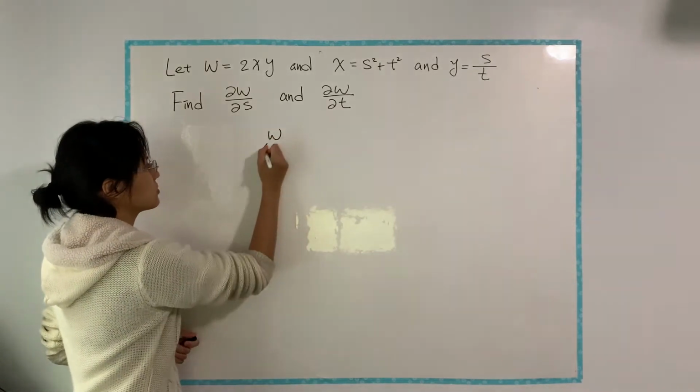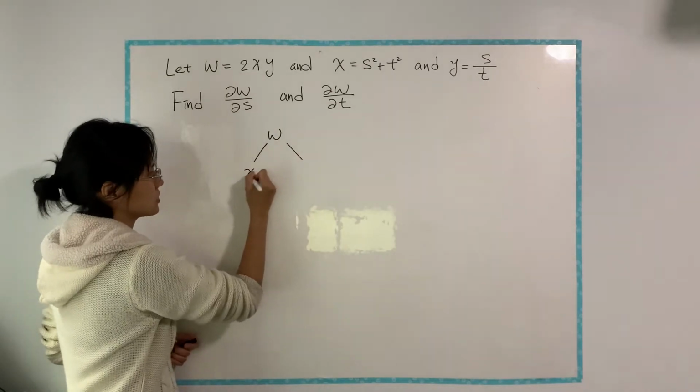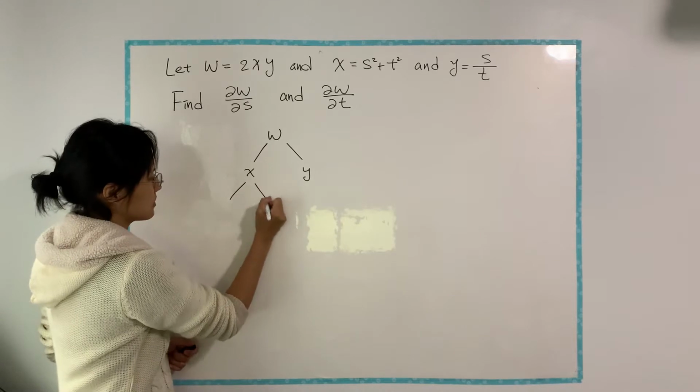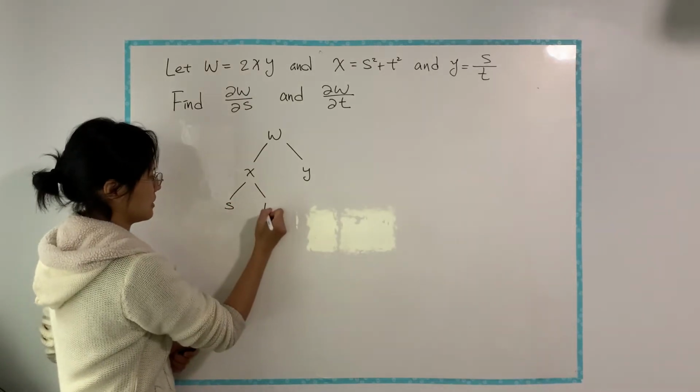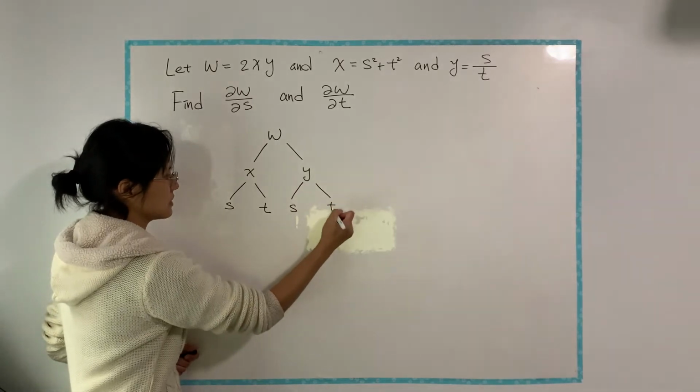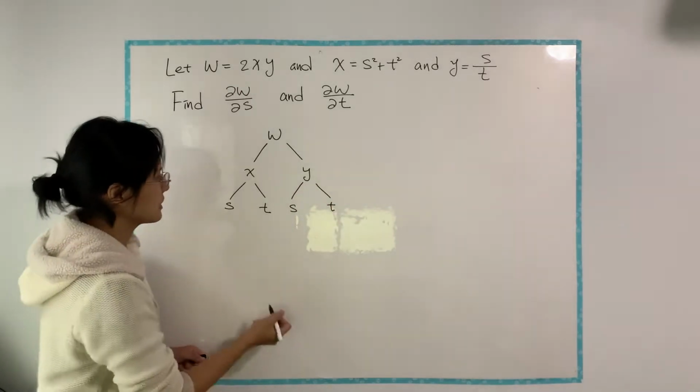So w is a function of x and y. Both x and y are functions of s and t. Okay?